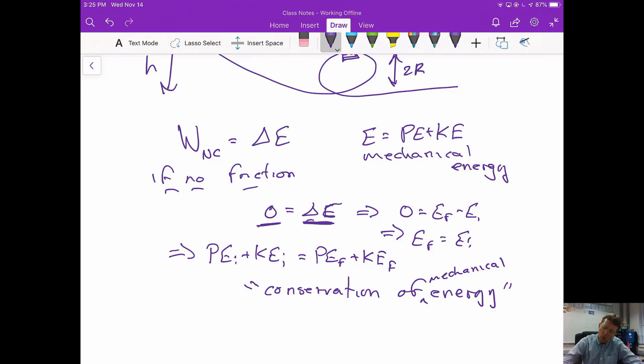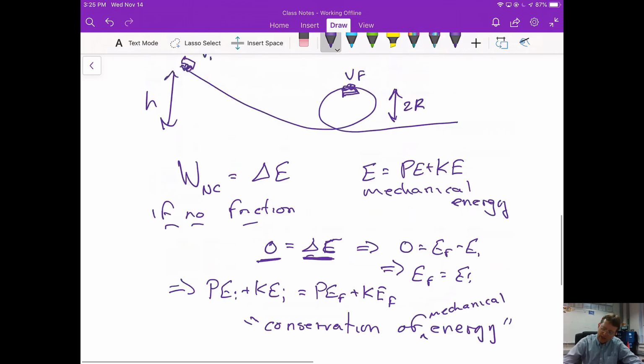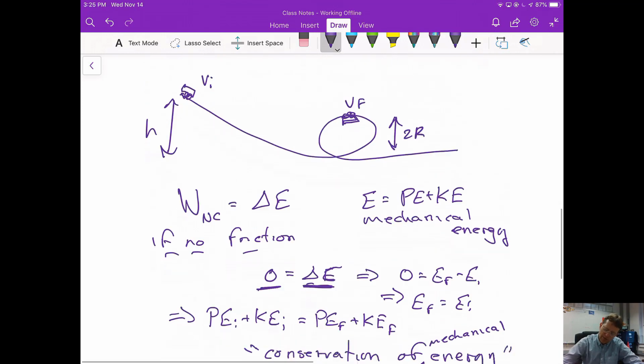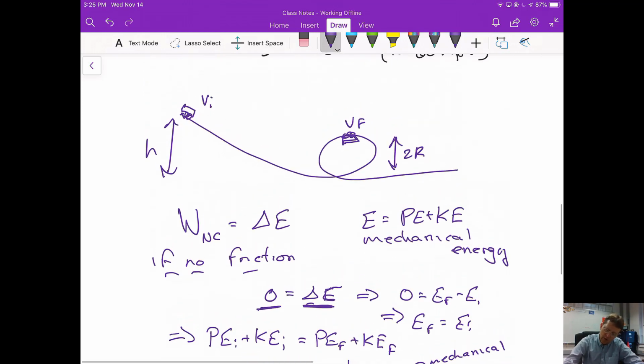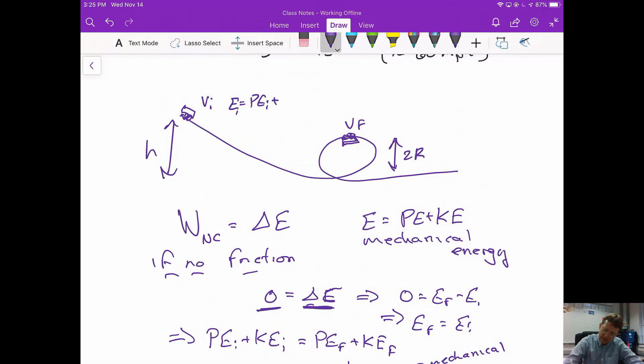So in this case, at the top of the roller coaster, I'm going to go back up to the picture of the roller coaster and say, total mechanical energy here, E initial, equals PE initial plus KE initial. So we have to ask, what is the total mechanical energy? It's starting from a height h above the ground. In order to define the potential energy at a point, we have to define our zero somewhere.